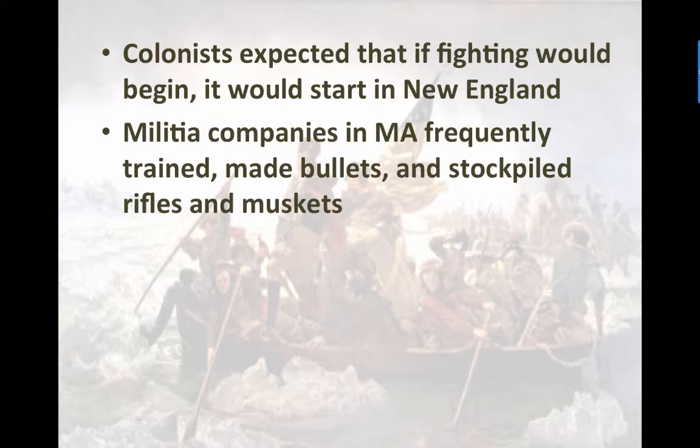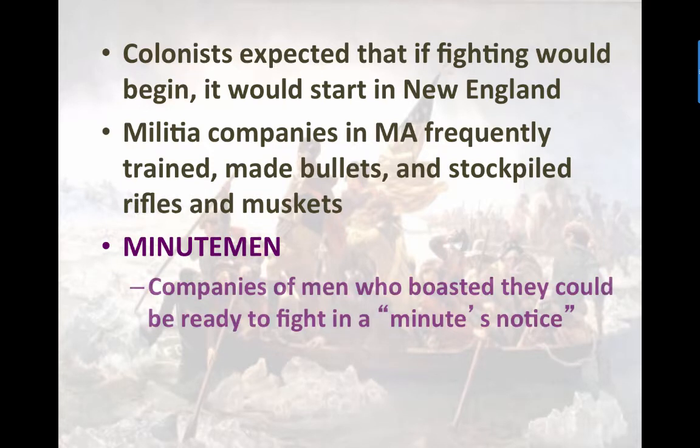So the militia in Massachusetts trained frequently, and they made bullets, they stockpiled rifles and muskets, and they were known as Minutemen. Key term. These are companies of men who boasted they could be ready to fight in a minute's notice, hence the term Minutemen. So they were very important, especially to Massachusetts.